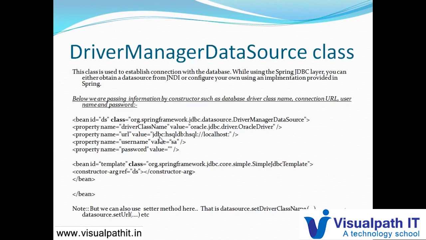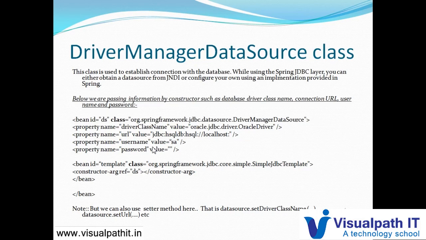So what is the URL connectivity? jdbc:hsqldb, HSQL, that Hyper SQL database that we are using here. The bean instance ds of this DriverManagerDataSource class is created, and the relevant methods are setDriverClassName, setUrl, setPassword and so on.